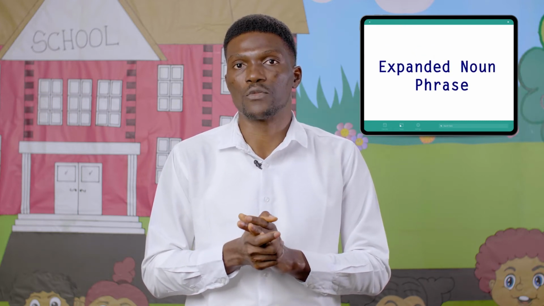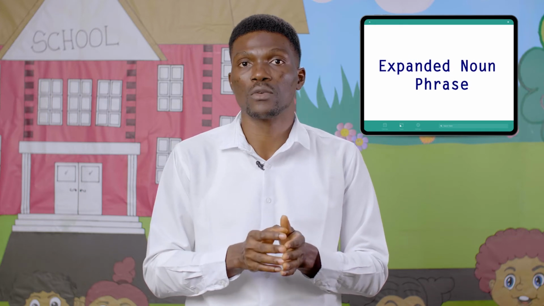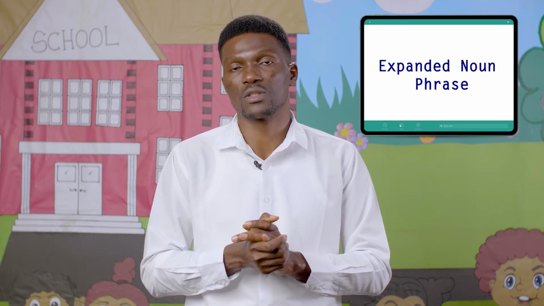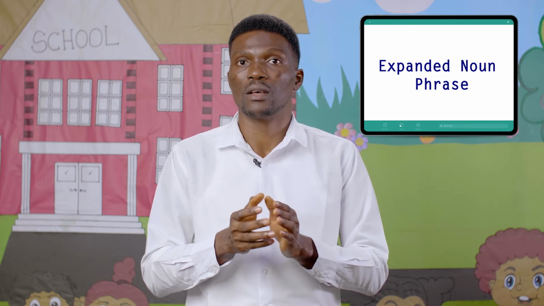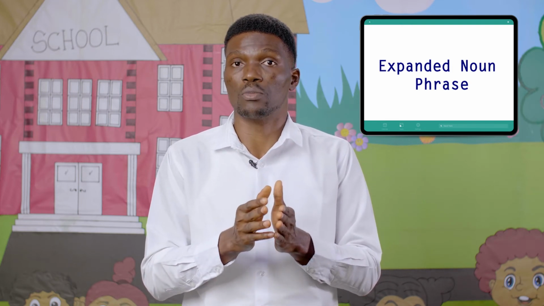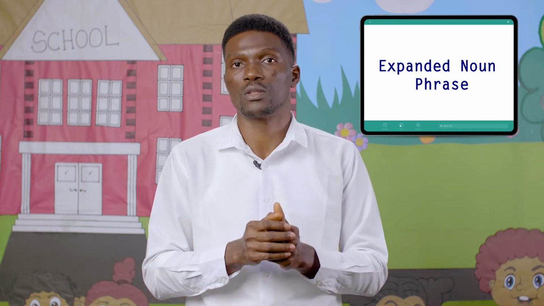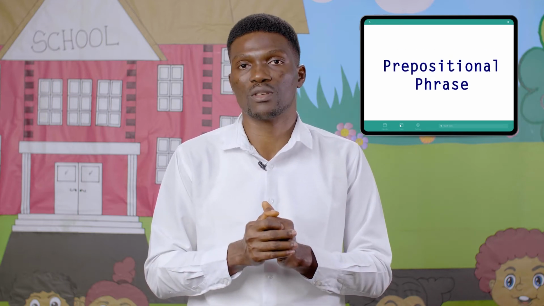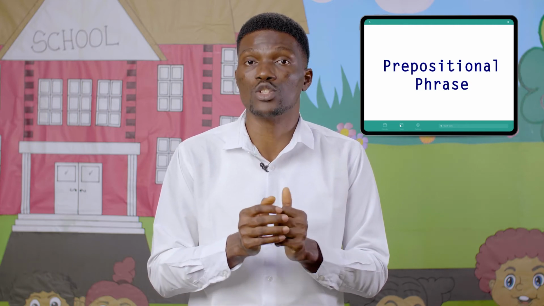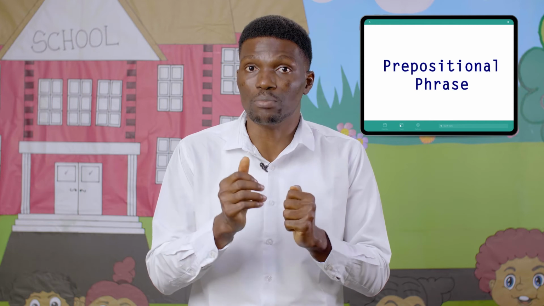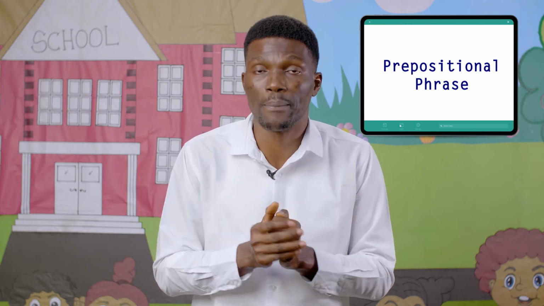An expanded noun phrase can have an adjective and even a prepositional phrase. I mentioned the prepositional phrase before. I said that the prepositional phrase can also be used to expand a noun phrase. Now, what is a prepositional phrase? Very easy if you ask me. A prepositional phrase is usually a phrase that begins with a preposition.